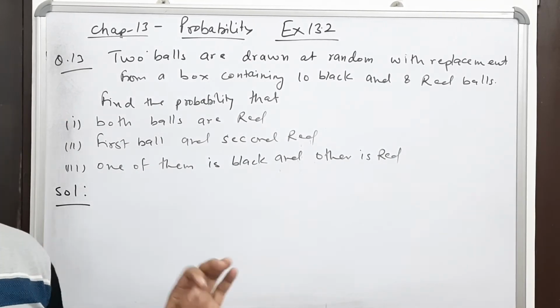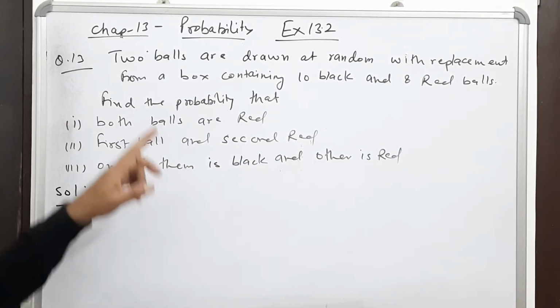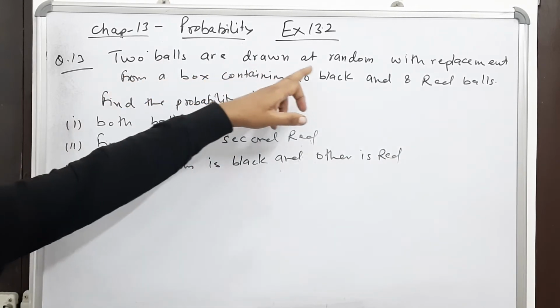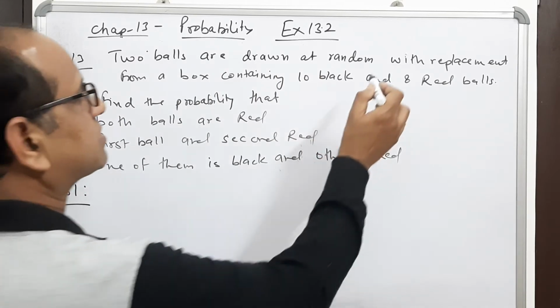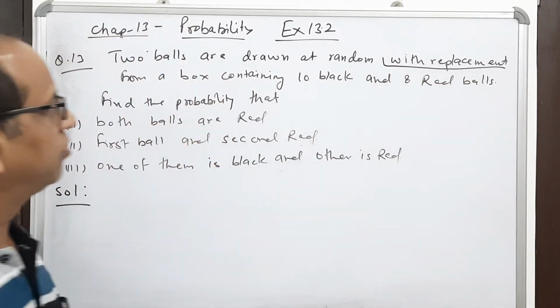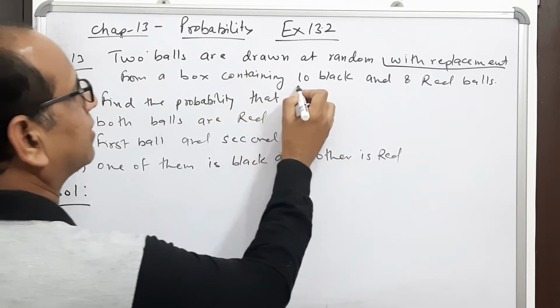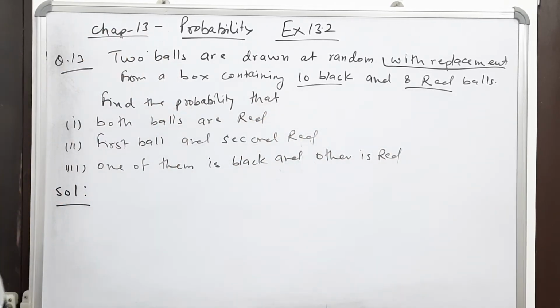Sum number 13. A very interesting sum and a very important sum with a clear difference. 2 balls are drawn at random with replacement. This term is very important. With replacement from a box containing 10 black and 8 red balls.